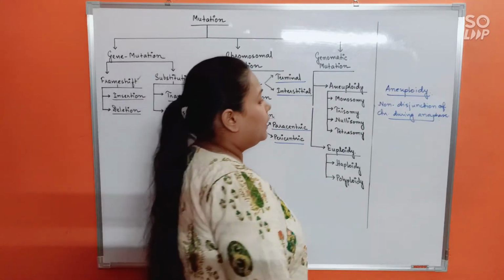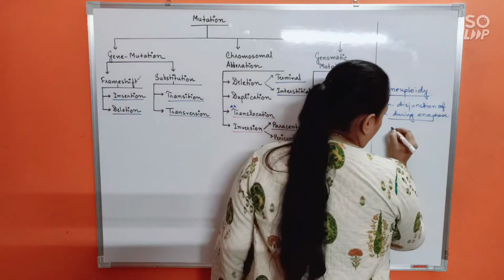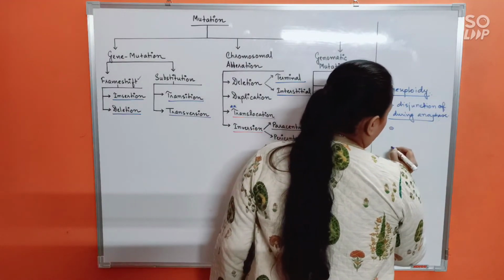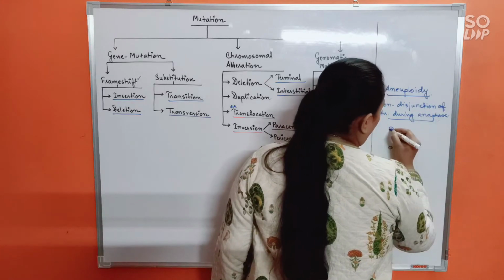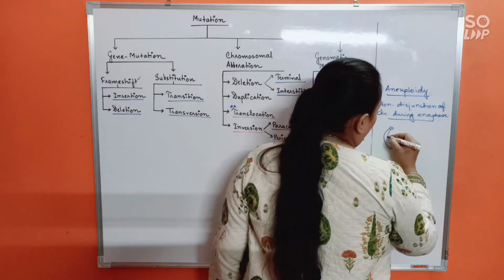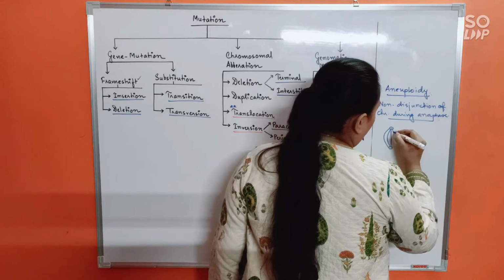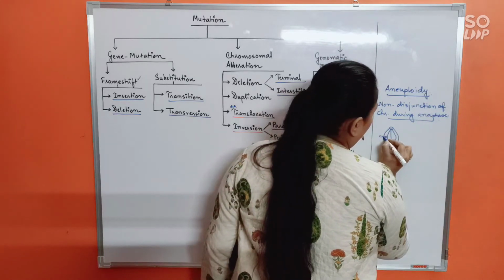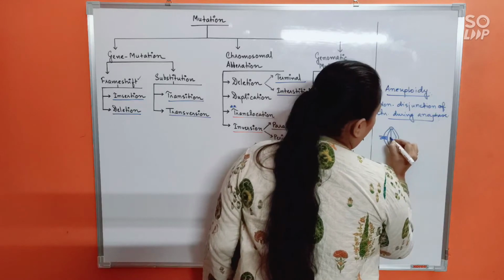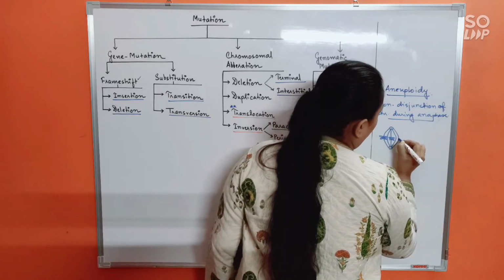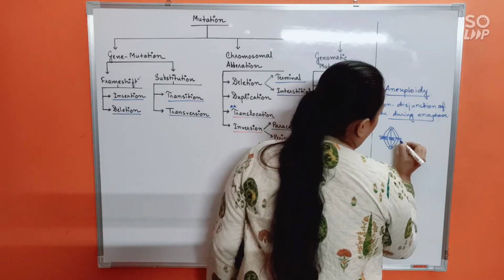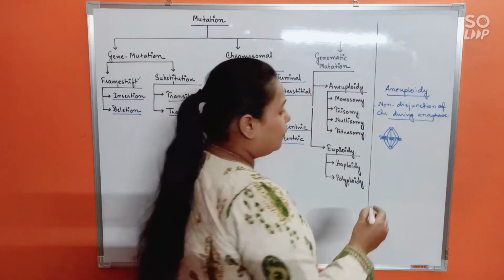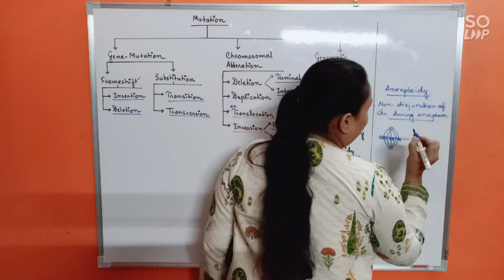See, you know very well that in the cell division part, when a cell undergoes mitosis, in metaphase, all the chromosomes will align themselves at the metaphase plate.